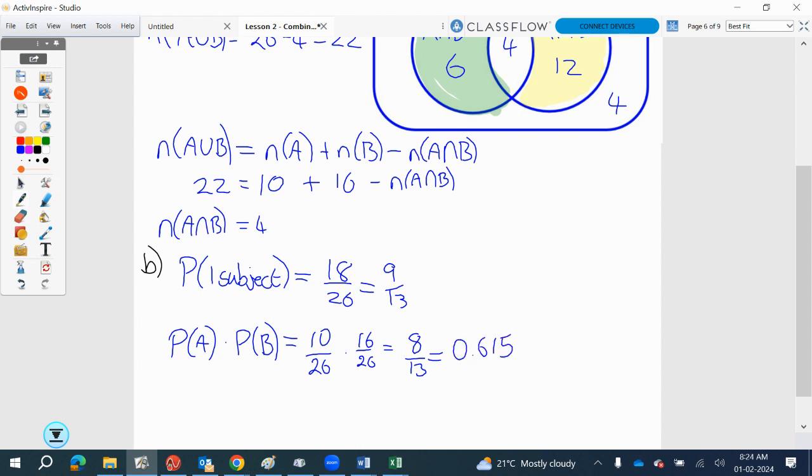0.615. What is the probability of A intersection B? All right, let me try it.